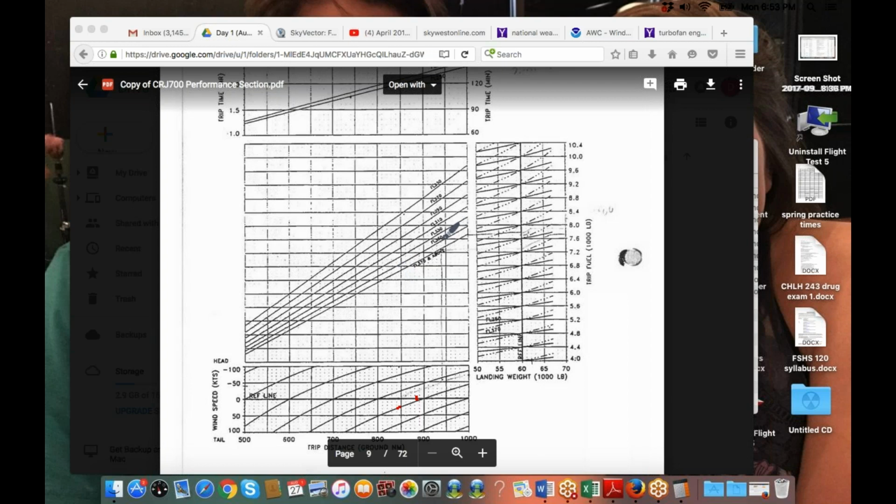This one looks like 350. That's the one I went off of. It's almost right on that line, actually. So then we can follow this line over, and then we just follow this curved line up to 65.